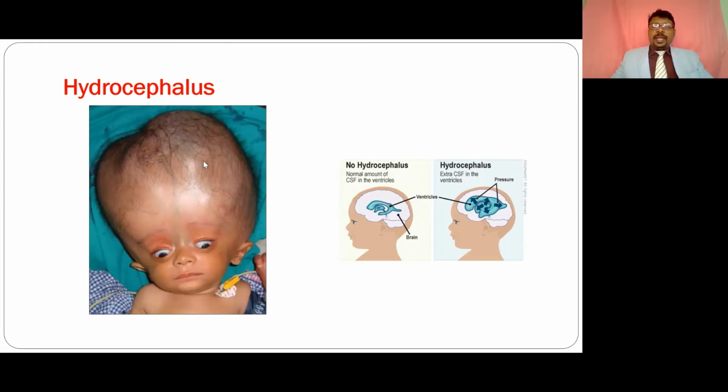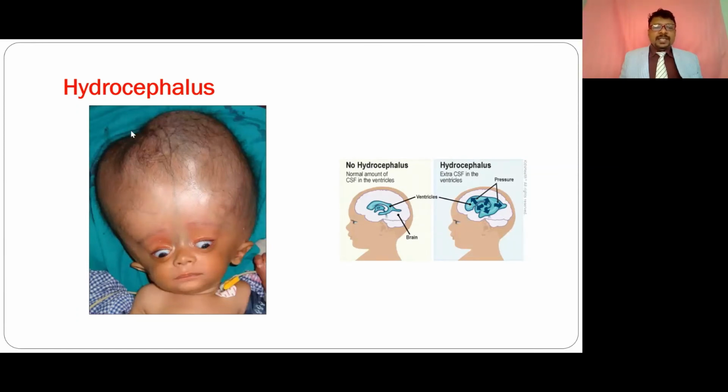It is water accumulation inside the brain because of an abnormality in the ventricular system, the fluid-filled cavities called ventricles. If there is any abnormality in these ventricles, the water content circulating in the brain and spinal cord, called cerebrospinal fluid, is affected, and the baby may get hydrocephalus.